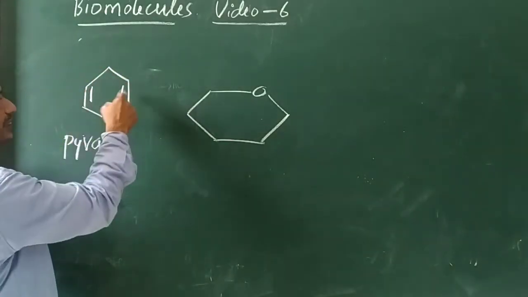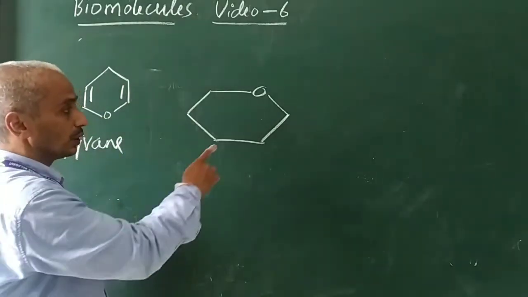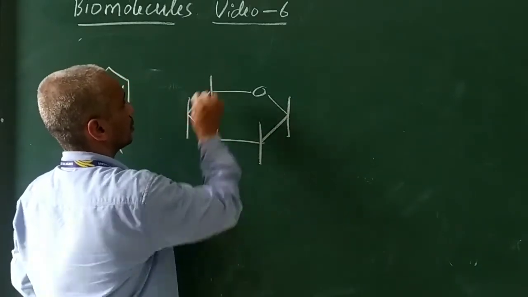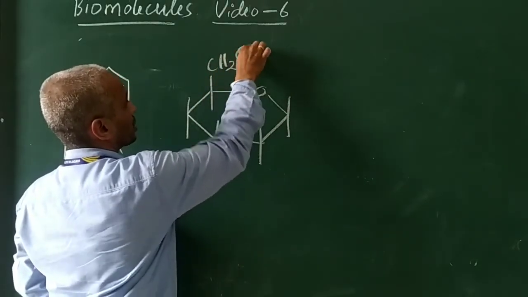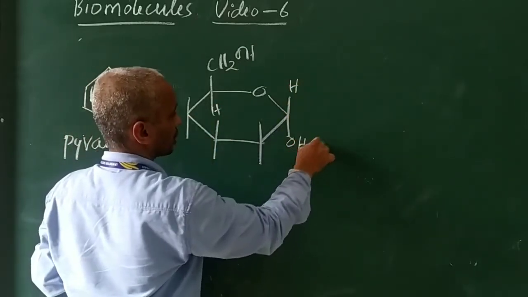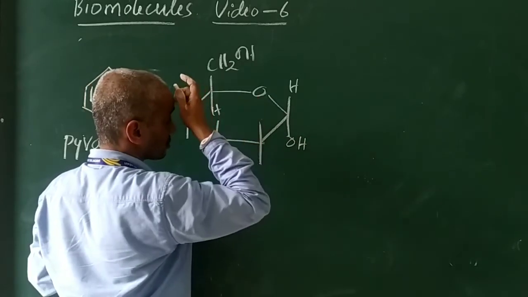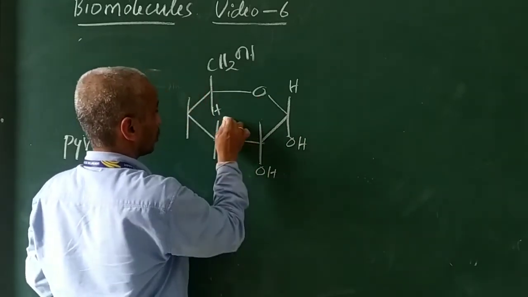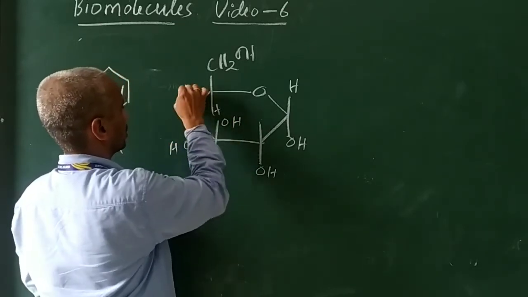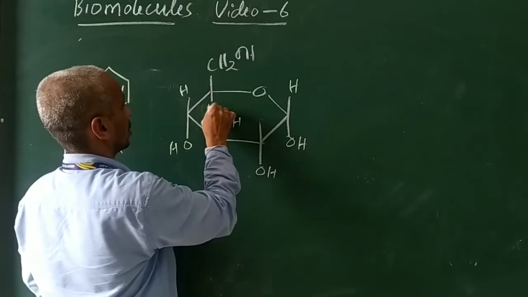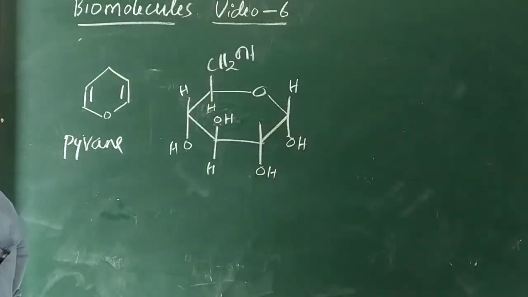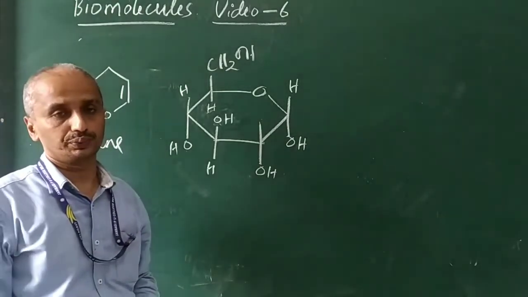1, 2, 3, 4, 5, 6. So when I write this one like this, CH2OH, H, H, then H, OH, then OH, OH, OH, H, H. This is called the Haworth structure of glucose.